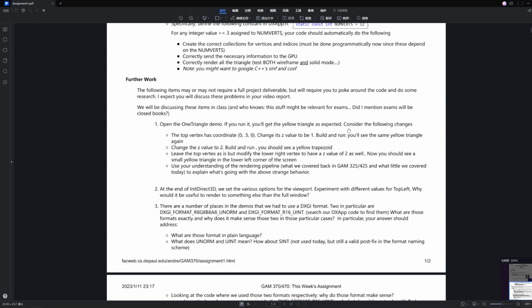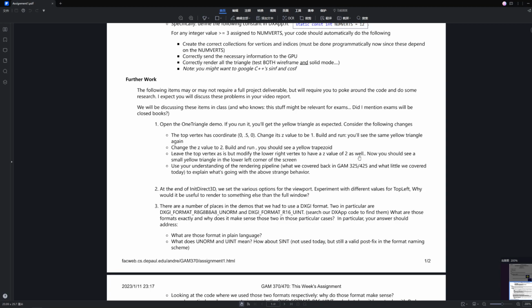But once we set this value to 2, we will see this trapezoid because it gets clipped at the clipping stage of the pipeline, so the top vertex is no longer shown. That's how we get this strange behavior.